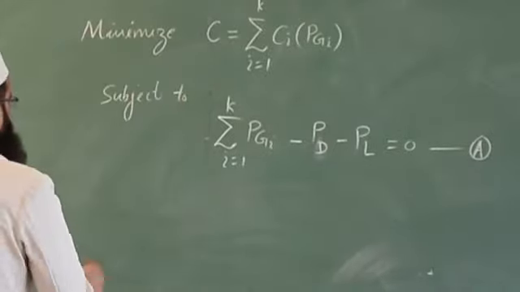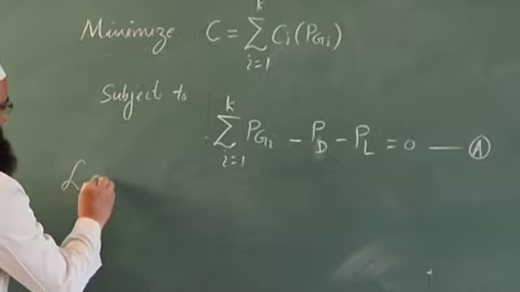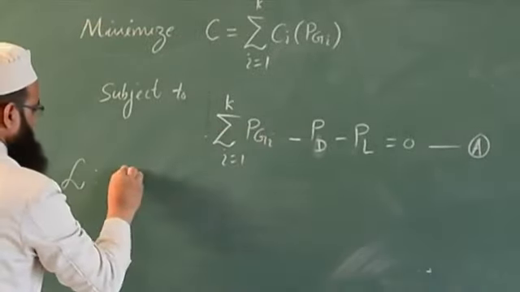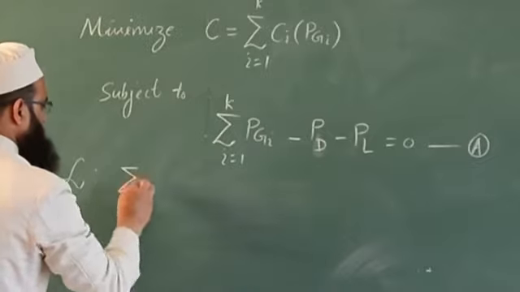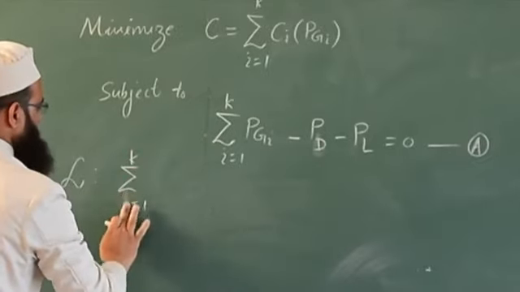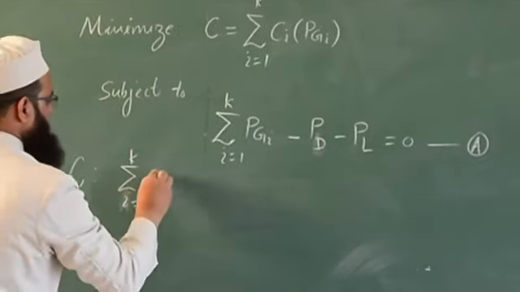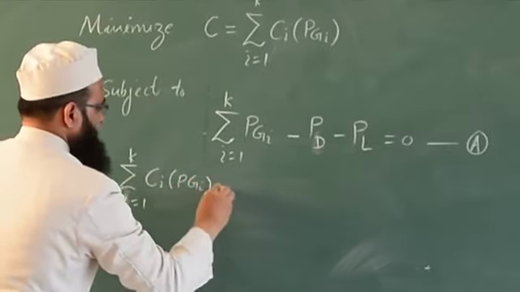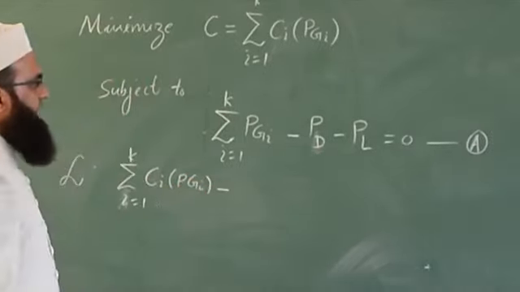So let us make the Lagrange function L as this function: sum for i equal to 1 to k of Ci(PGi), minus or plus the Lagrange multiplier.